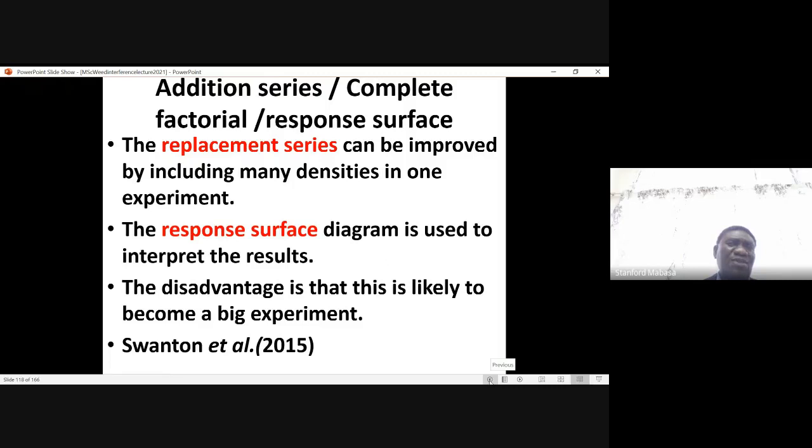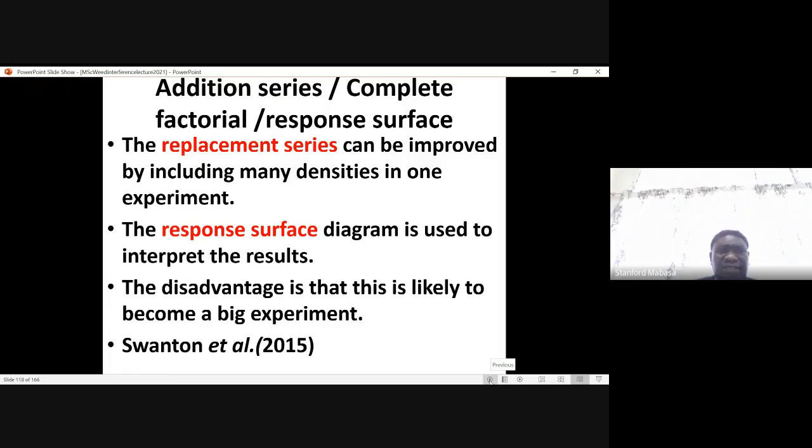So what we do for the addition series is just increase the number of densities. Now the response surface is a kind of graph which is used to interpret the results.